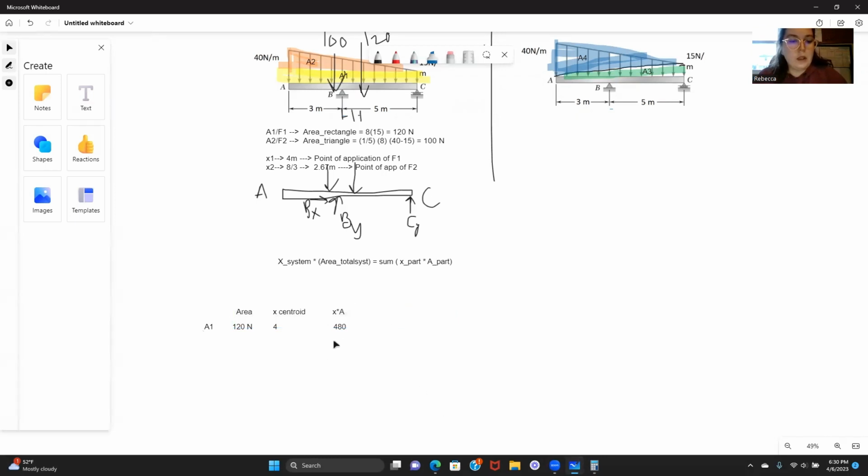Okay. For our area 2, let's go in here. Our area for that is going to be that 100 newtons. Our centroid for that is going to be 2 2/3.